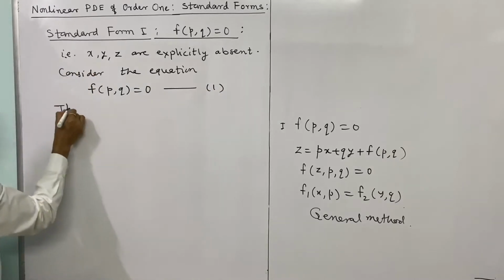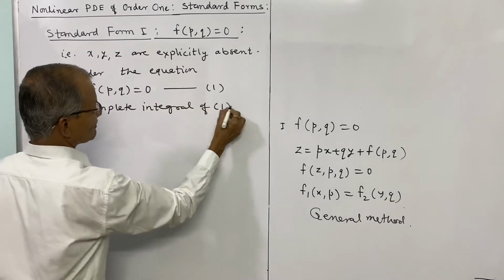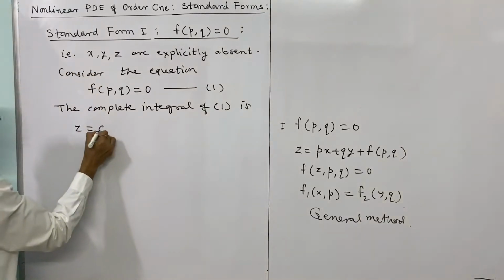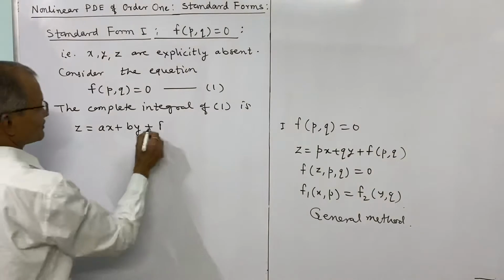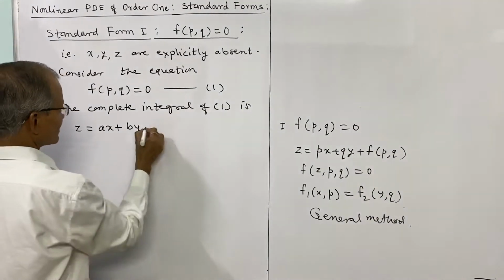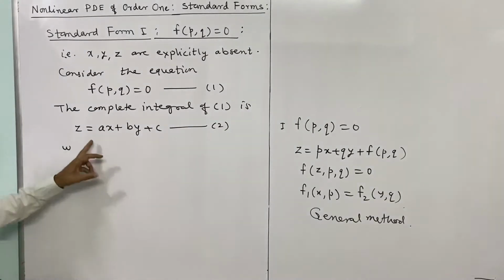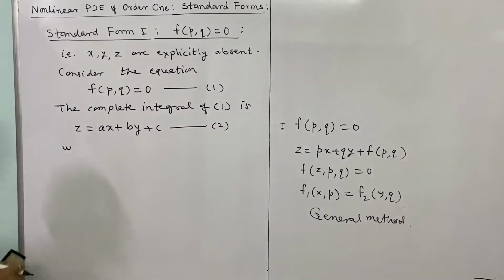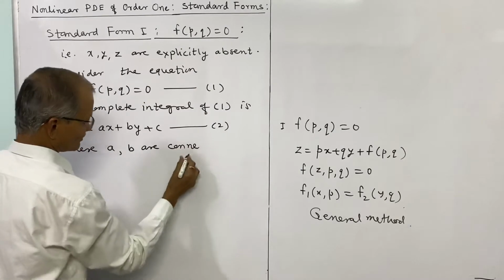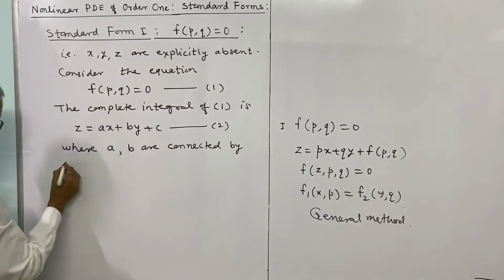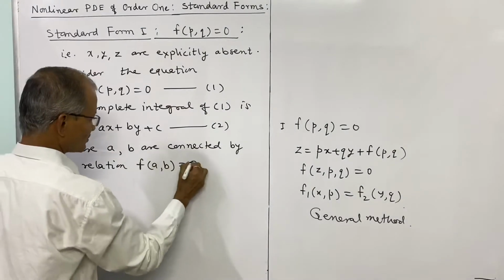The complete integral of 1 is of the form z is equal to a into x plus b into y plus a constant c, where a and b are connected by the relation function of a and b is equal to 0.